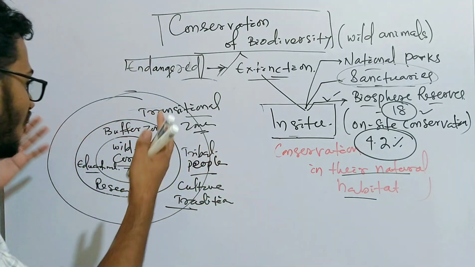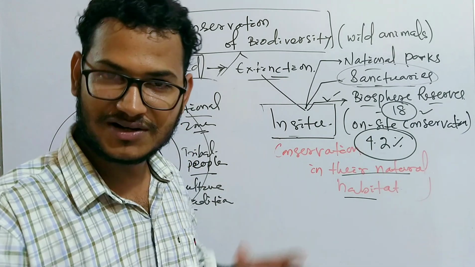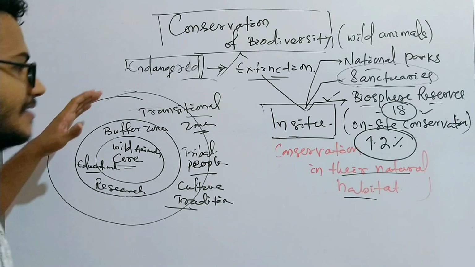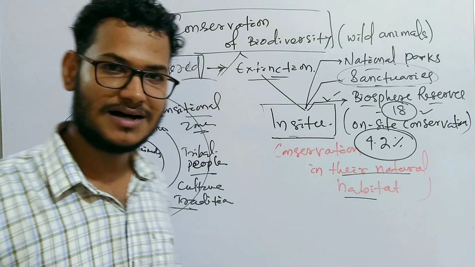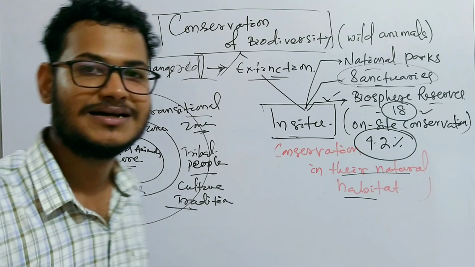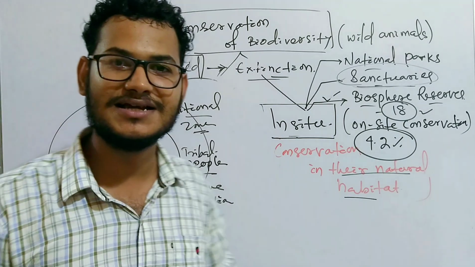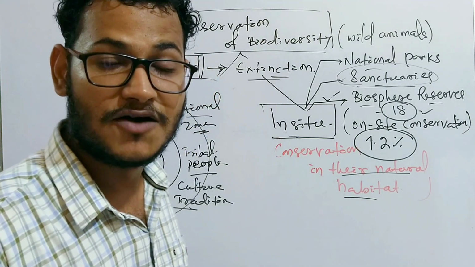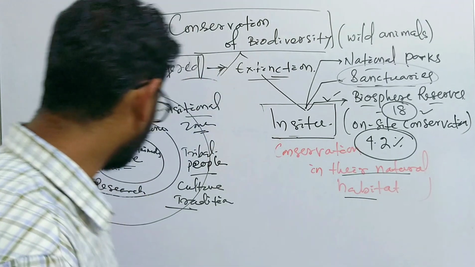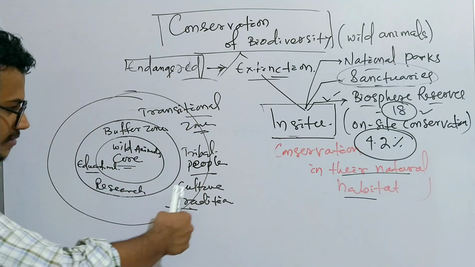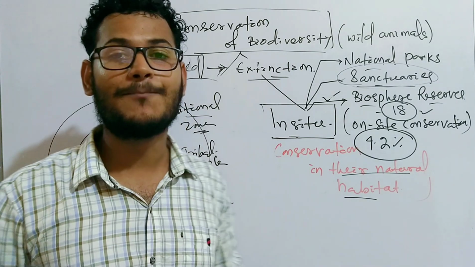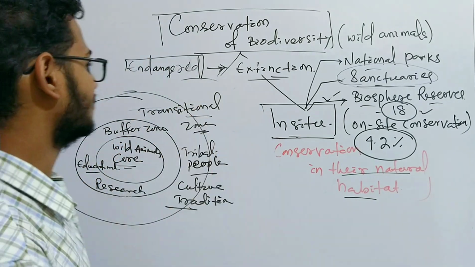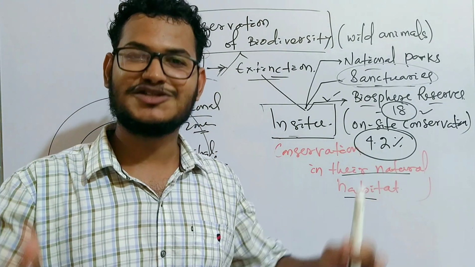This also forms a natural library for the scientists. They can do different research activities in the biosphere region, and an educational or study tour can also be a recreational activity in this transitional zone. Forestry, agriculture, fishery are allowed, and the culture and tradition of the tribal people of that specific area remain in the transitional zone, and that is also protected.